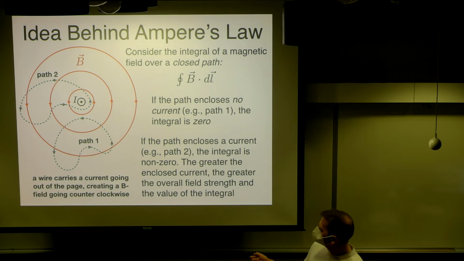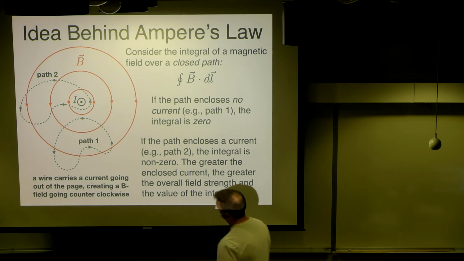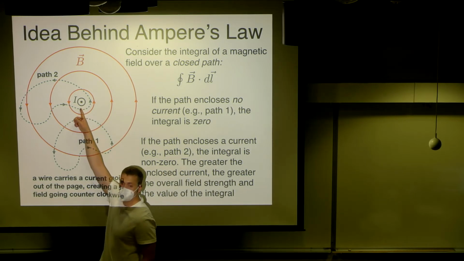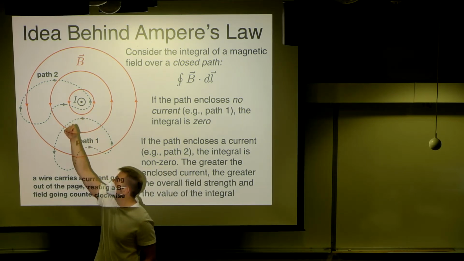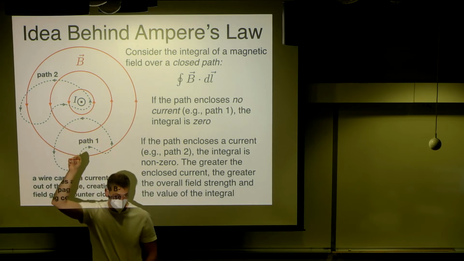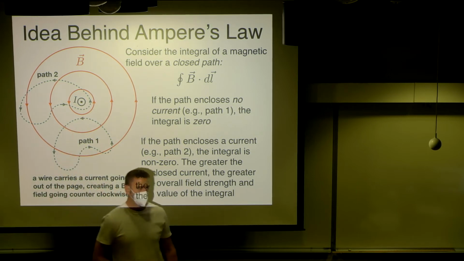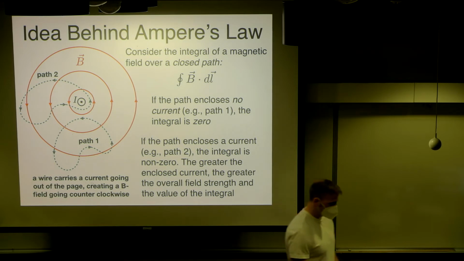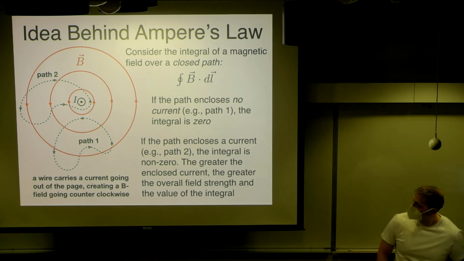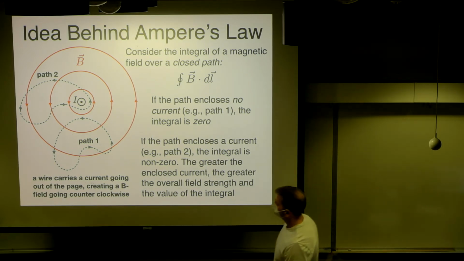So we'll start with this picture right here, and then we'll do some work on paper to get the actual result. What are you seeing in this picture? You're seeing a current. The current is right here. Imagine there's a wire coming out of the page like this. The current is coming out of the page towards you guys. We know what the B field looks like in a situation like this.